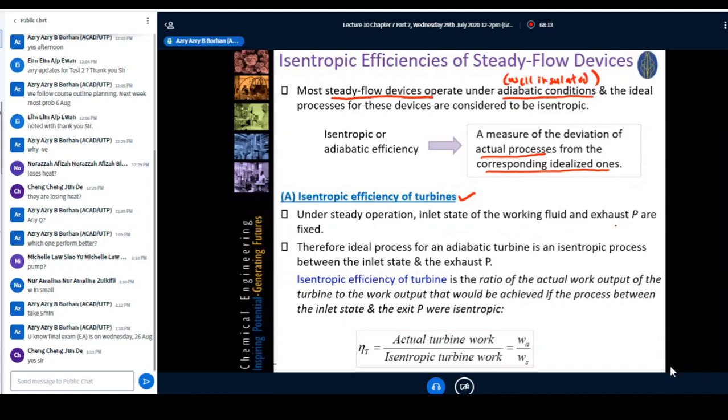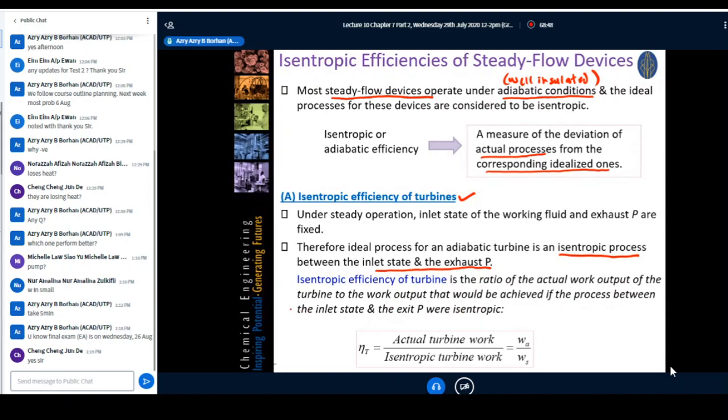Same thing also for the outlet pressure of those processes. So the ideal process for the adiabatic turbine represents the isentropic process between the inlet state and the exhaust pressure, right? So the isentropic efficiency of a turbine is defined as the ratio of the actual work output to the work output that would be achieved if the process between inlet state and the exit pressure were isentropic.